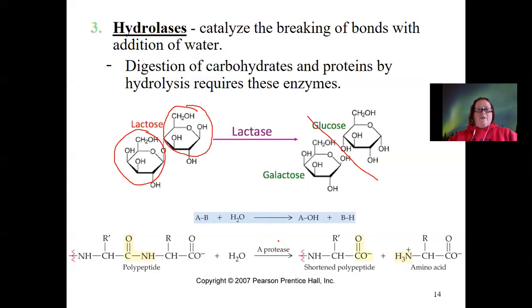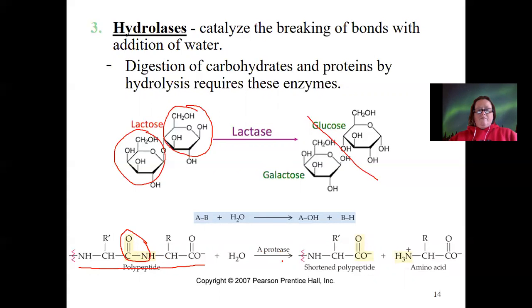Another example of hydrolases is a protease, which is an enzyme that breaks down proteins. So here we have a polypeptide bond. You can see that amide bond right here in a chain of amino acid residues to make proteins.